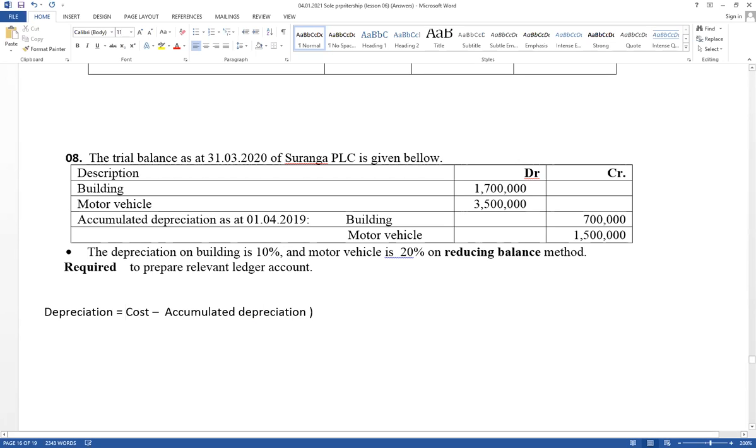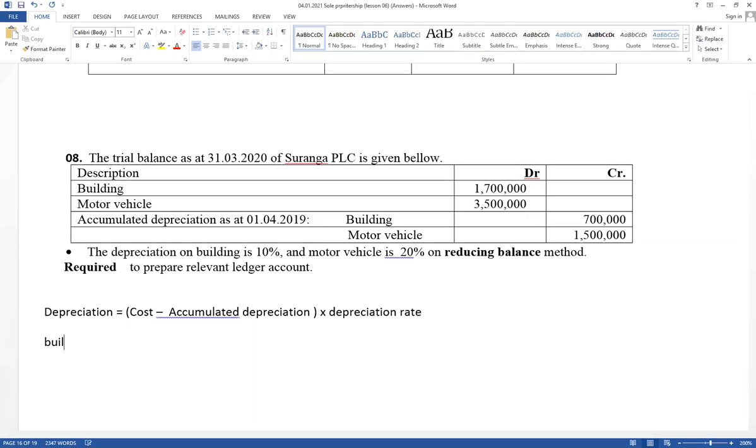This is the equation: cost minus accumulated depreciation times the depreciation rate. Calculate the motor vehicle and building separately, then prepare the ledger accounts also. Try to recognize the difference between the straight line basis and the reducing balance method.